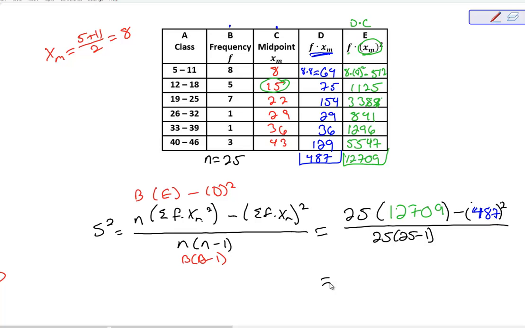But whenever I do this calculation, I have to remember to simplify the numerator first. So 25 times 12,709 is equal to 317,725. 487 squared is 237,169. This is 25 times 24.